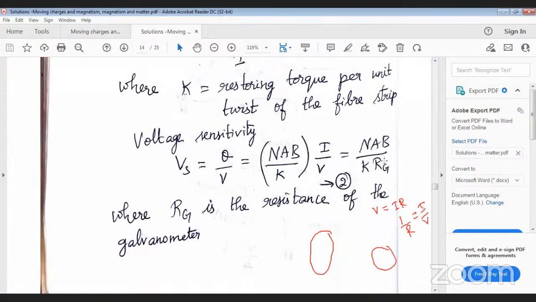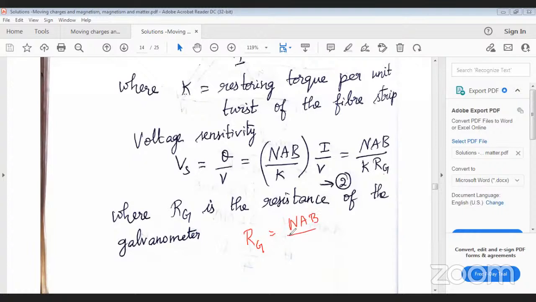Let me clear the annotation so that we can understand better. Here you see this is NAB by K into RG. Actually, we need to find out RG. So this equation can be modified like this: RG equal to NAB by K divided by VS. NAB by K we have already found out is the current sensitivity IS.